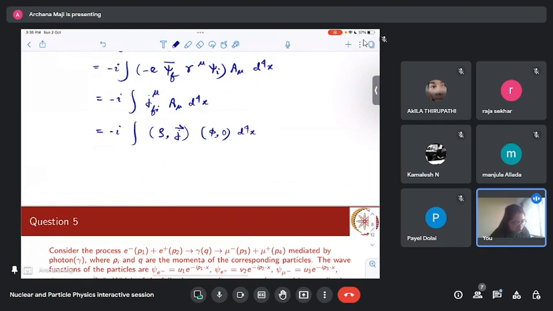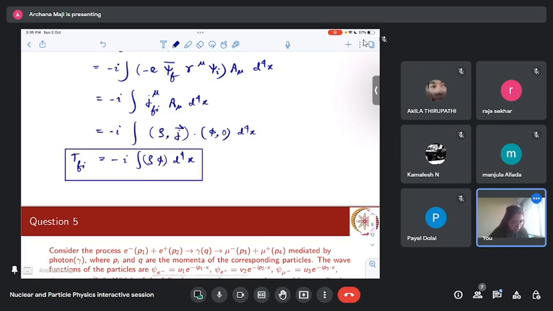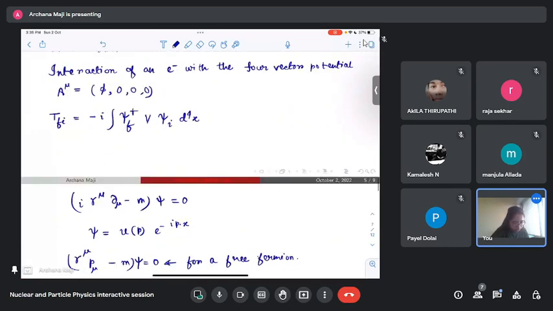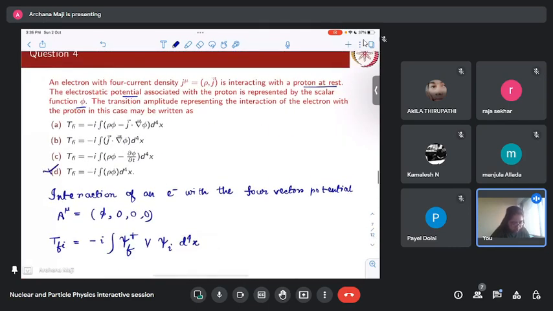So if you take the dot product of these two, you will get rho phi, because J will be multiplied with 0, that gives 0. So this is the transition amplitude. Meaning this option D is correct here.